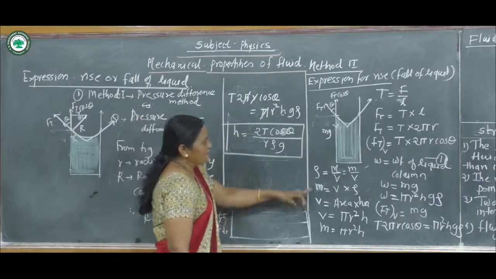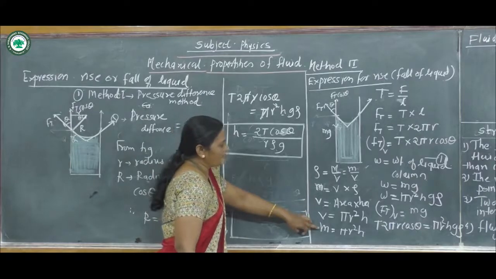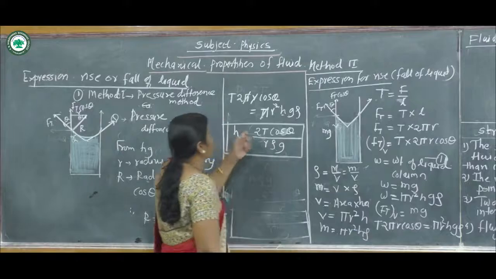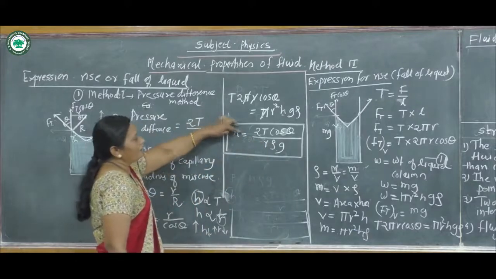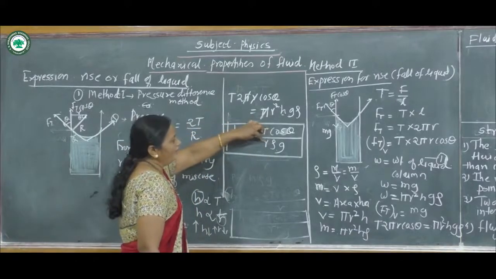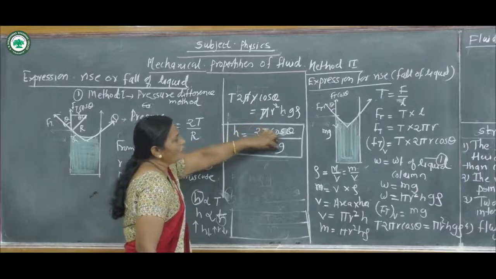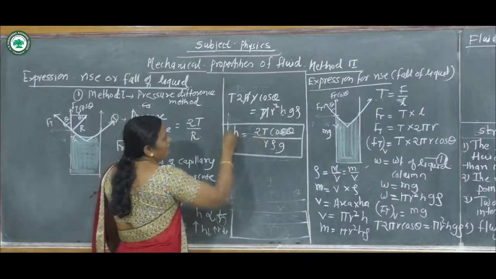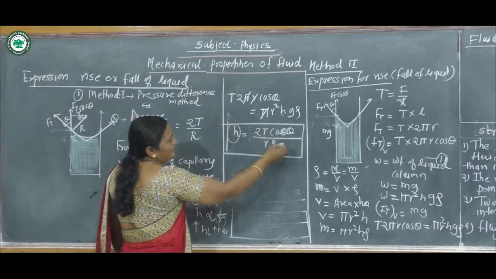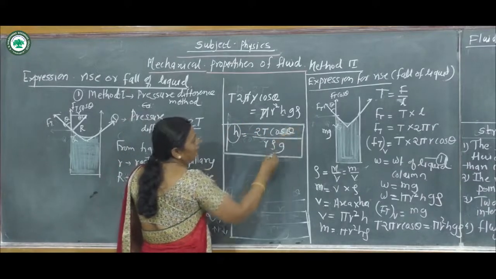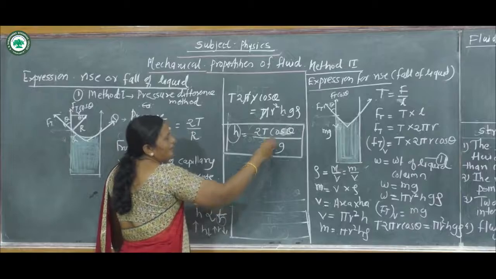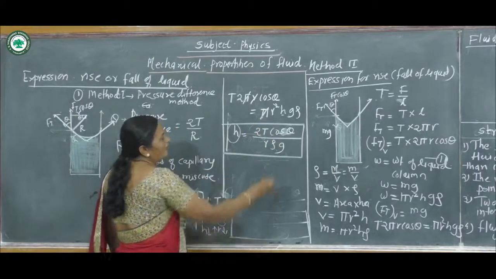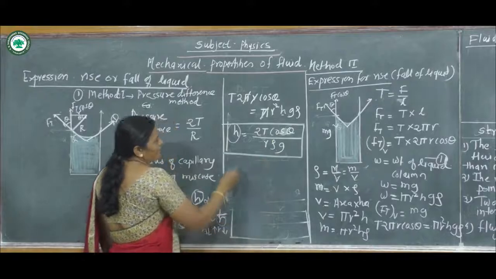From this equation, h is the height, T is the surface tension, theta is the angle of contact, r is the radius of the capillary tube, rho is the density of the liquid, and g is the gravitational acceleration.